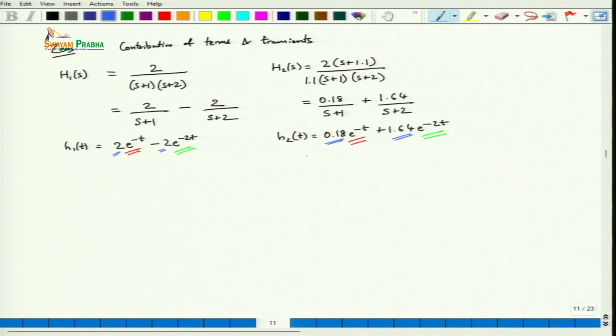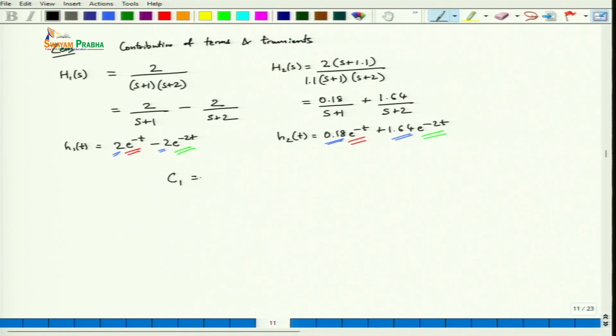This is because this zero we have inserted now at minus 1.1 is closer to the pole at minus 1 as compared to the pole at minus 2. So, why this happens is we look at how we got these coefficients.